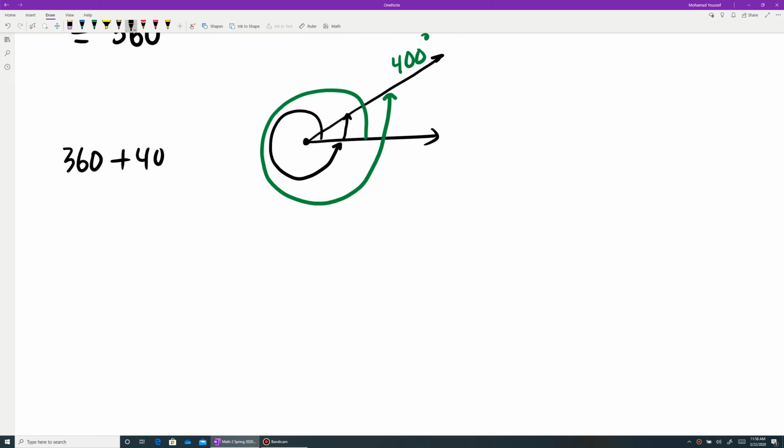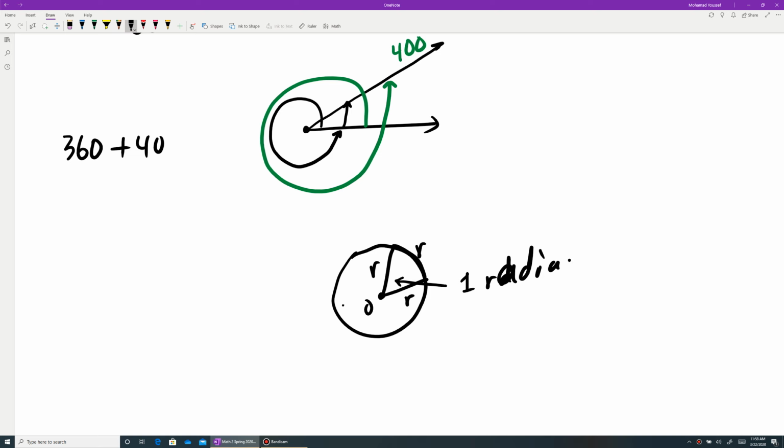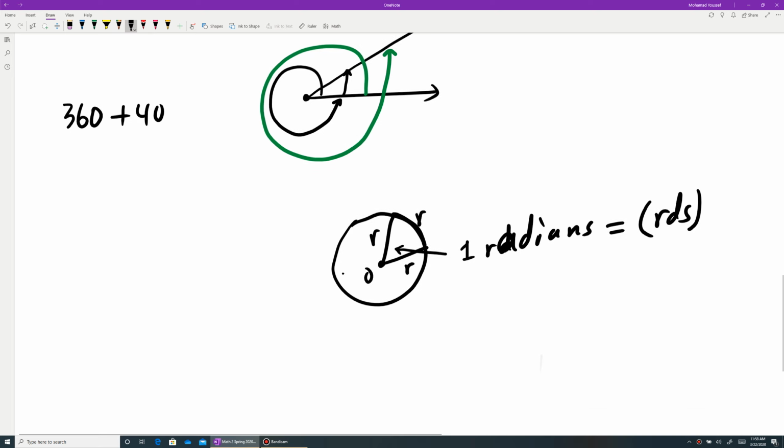One is the degree measure that we use most of the time, and the other one is radians. 1 radian is defined as follows: if we have a circular path with radius r and center O, and the length of the arc subtending this central angle is r, then this angle is 1 radian. Radians is abbreviated RDS or RD.